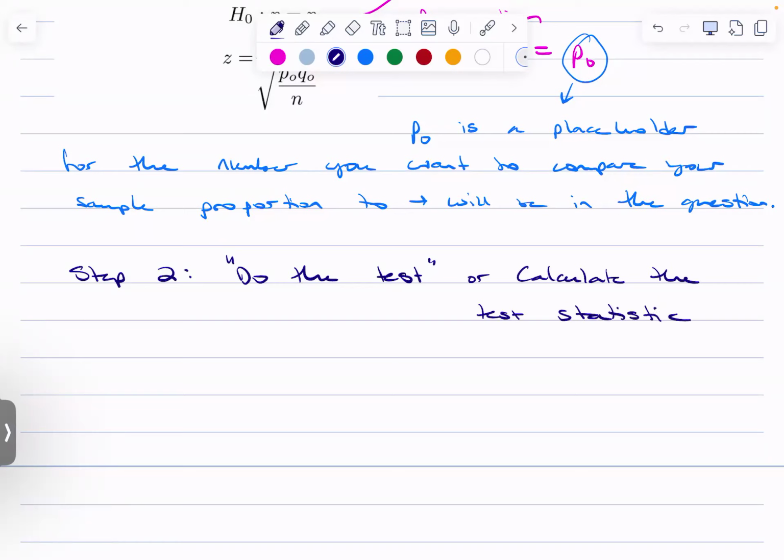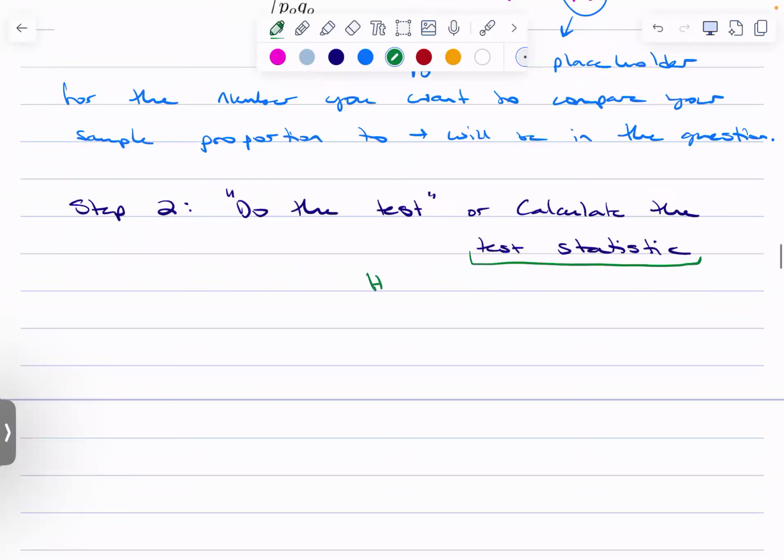Calculating the test statistic is going to be how far your statistic is from the hypothesized parameter.